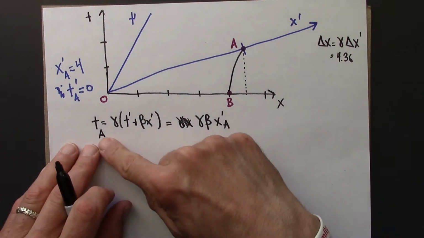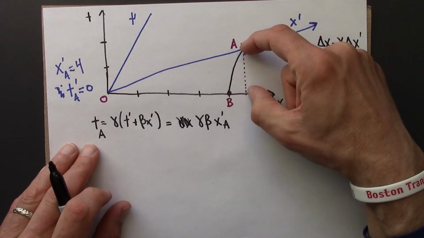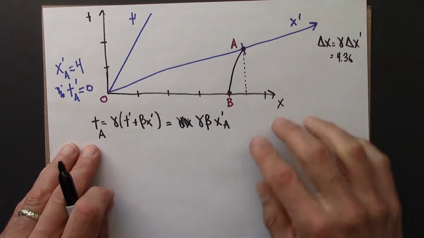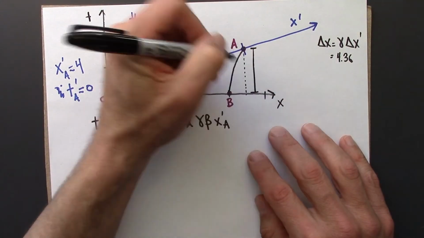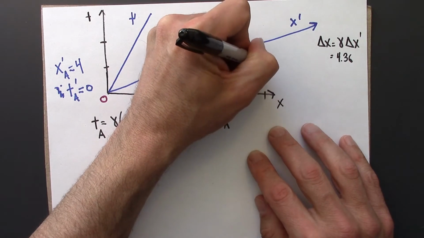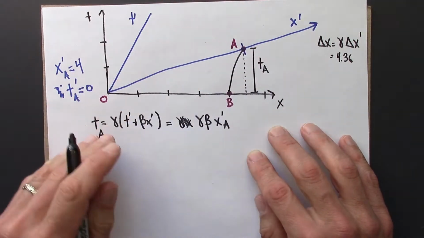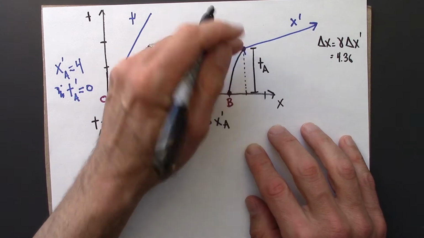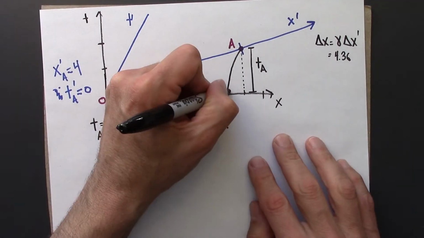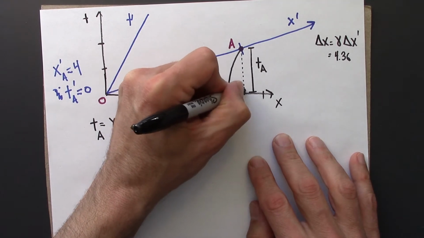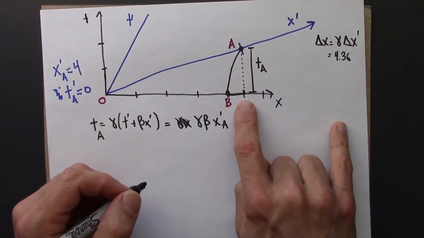So t A is this. So that's going to be this height. Maybe I'll label that. Let's call this t A. So that's from here to here. And what I want to figure out next is this distance, the base of this triangle.